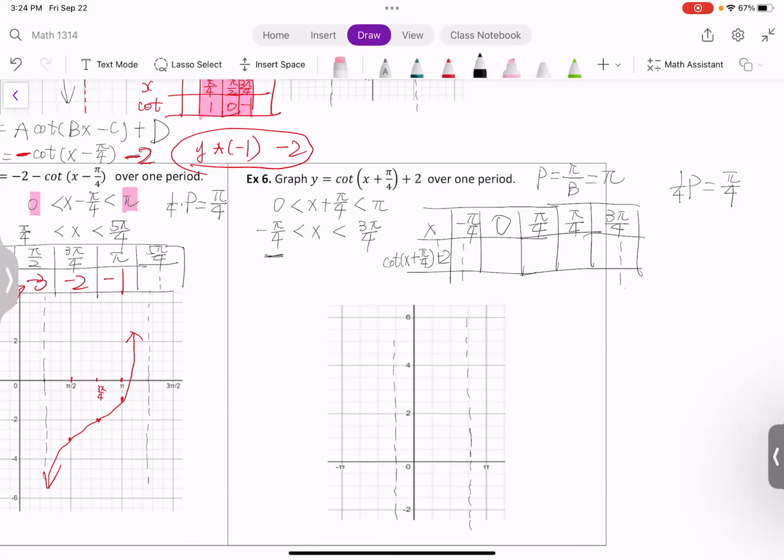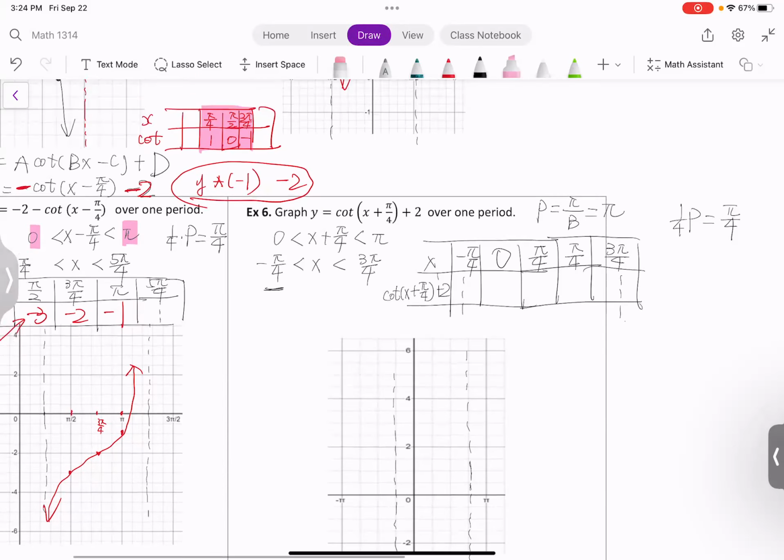So fill out the blanks. What is the y's value for the x equals 0? Okay, I will go back to see the table here. Where I move my cursor here, this 0. 1, 0, negative 1. So what is the y's changing? Oh, we only have a plus 2 here. That's for the y part.